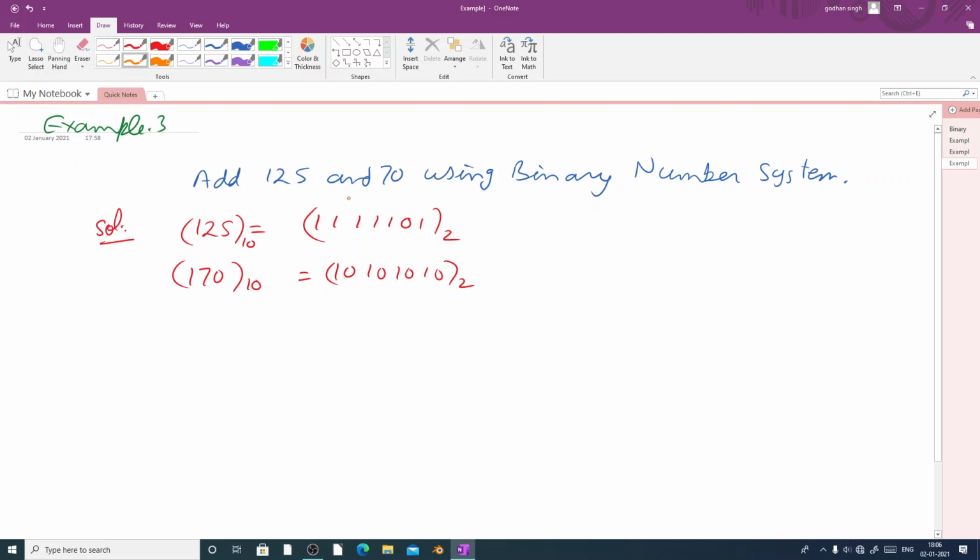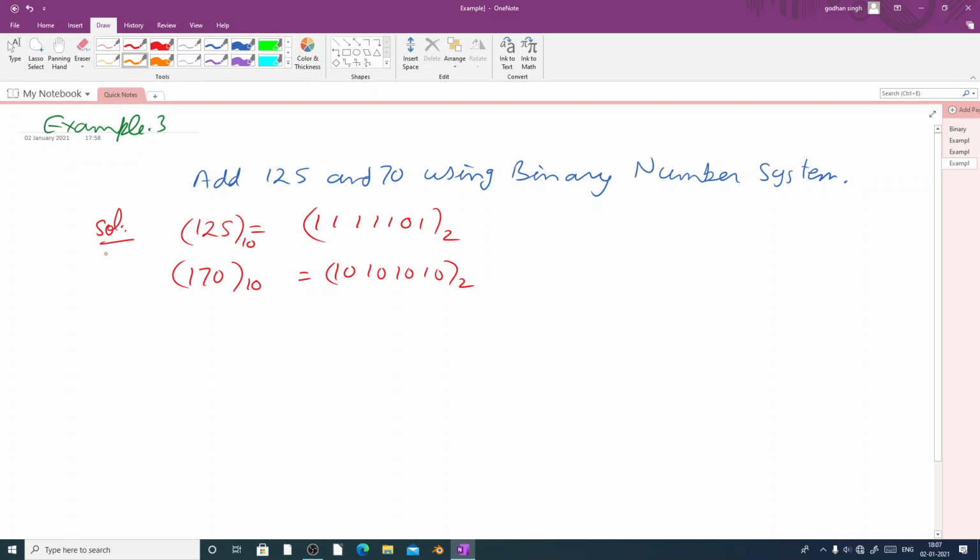Example 3: add 125 and 70 using binary number system. Now the solution for this. In questions, the value of 125 in decimal form will not be given in binary form, so you have to find it. For example, here the value has been written directly. In the actual exam, when questions of this type come to you, you will have to find the value of 125.